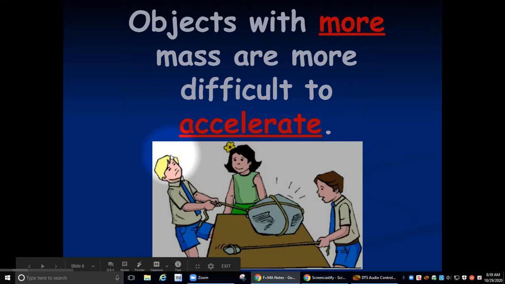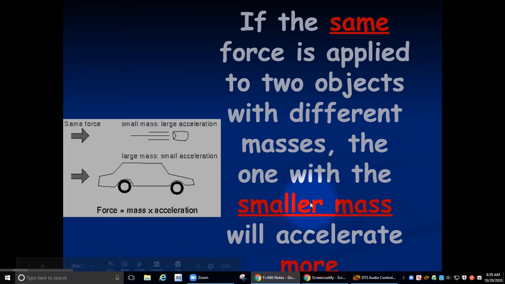You can see here in the picture, the large rock is much more difficult to move than the small rock. That's simply because of the mass or inertia of this rock versus the mass or inertia of that rock. If we apply the same force to two objects with different masses, the one with the smallest mass is going to accelerate more. Again, common sense.